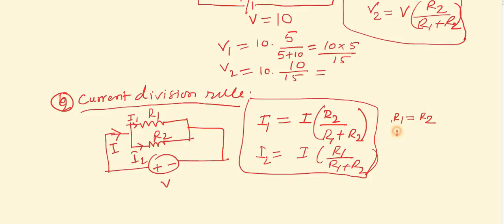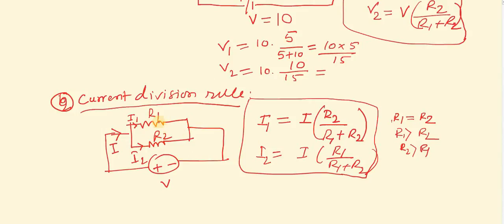Now another case, say R1 is greater than R2. Then what will happen? R1 greater than R2 means R2 is the smaller resistance, so R2 will share the greater current. Alternatively, if R2 is greater than R1, then R1 will be the lesser value, so a greater amount of current will be shared by R1.